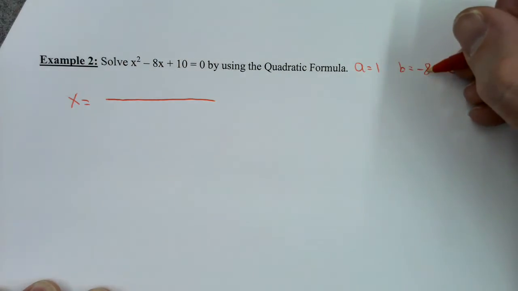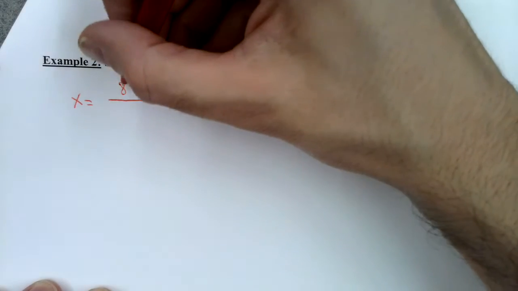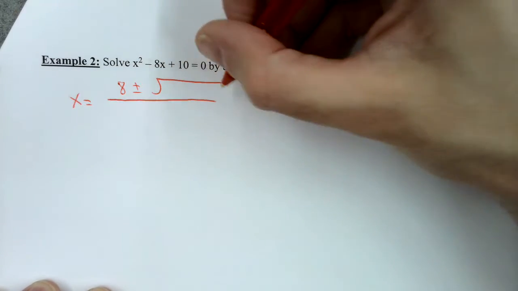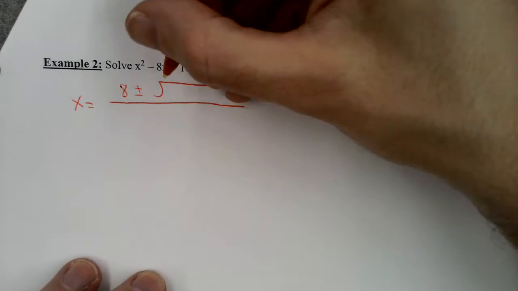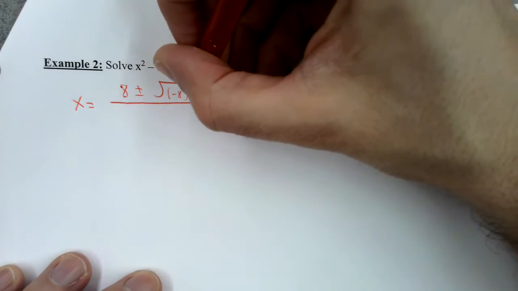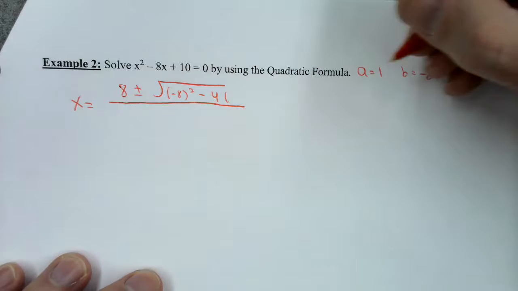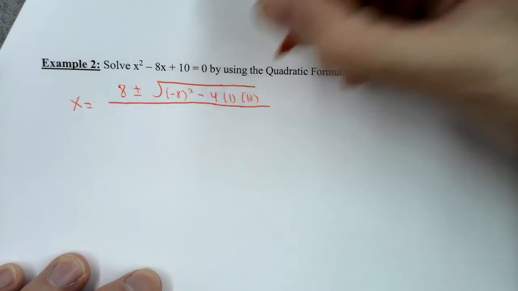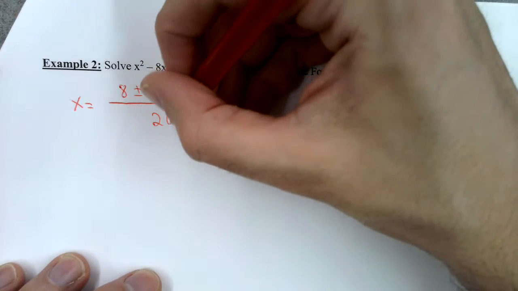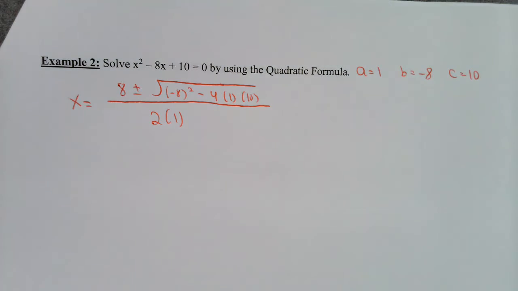X equals opposite of b. Opposite of negative 8 is positive 8. Plus or minus the square root of b squared, so negative 8 squared, minus 4 times a, which is 1, times c, which is 10. It's all divided by 2 times a, which is 2 times 1.